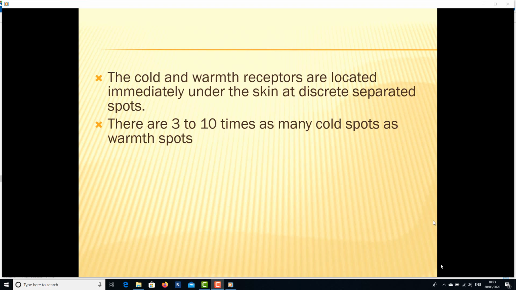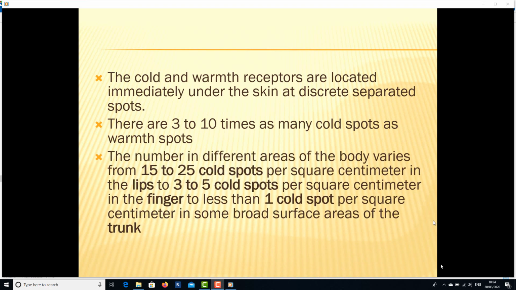You have done so many. There are free nerve endings, and there are 3 to 10 times as many cold spots as warm spots. The number is quite different in different body areas, like 15 to 25 cold spots per square centimeter in the lips, and 3 to 5 cold spots in the finger.